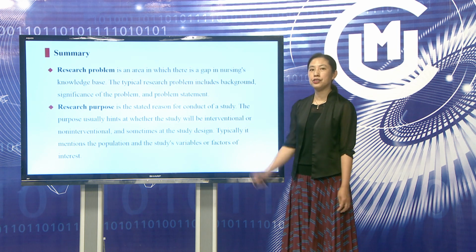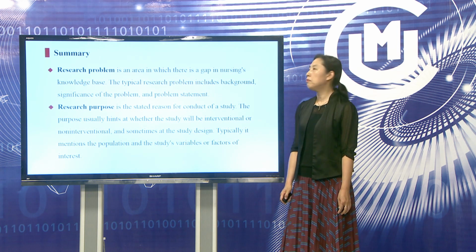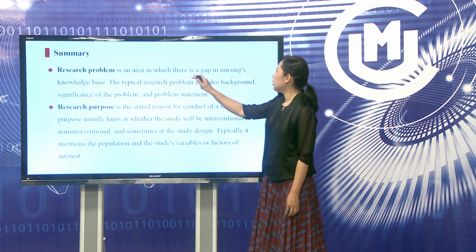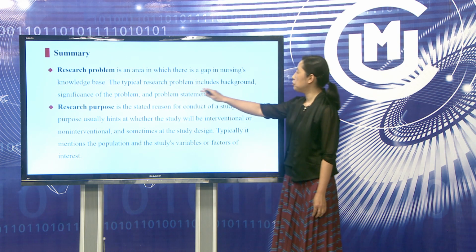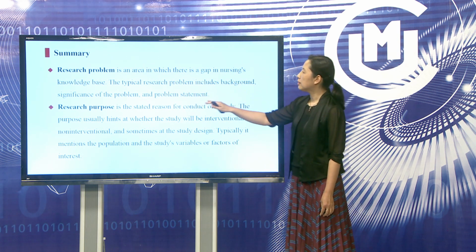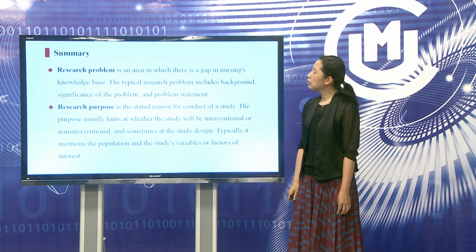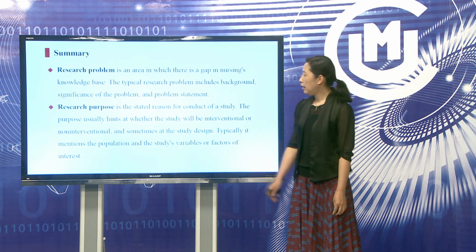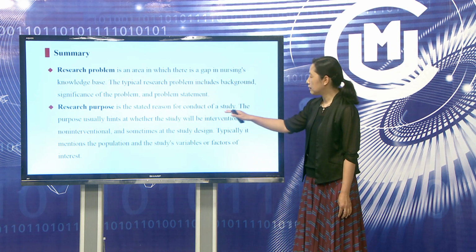Now for the section summary. We talked about the research problem. A research problem is an area in which there is a gap in nursing's knowledge base. A typical research problem includes background, significance of the problem, and problem statement. Then we talked about the research purpose. The research purpose is the stated reason for conducting a study.